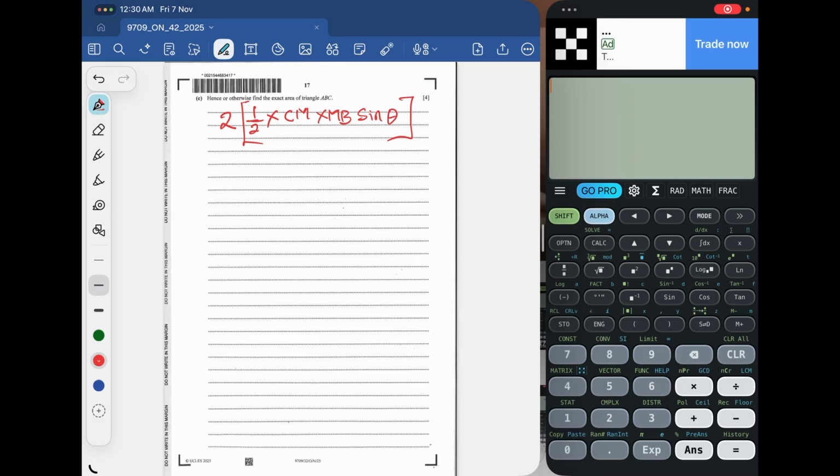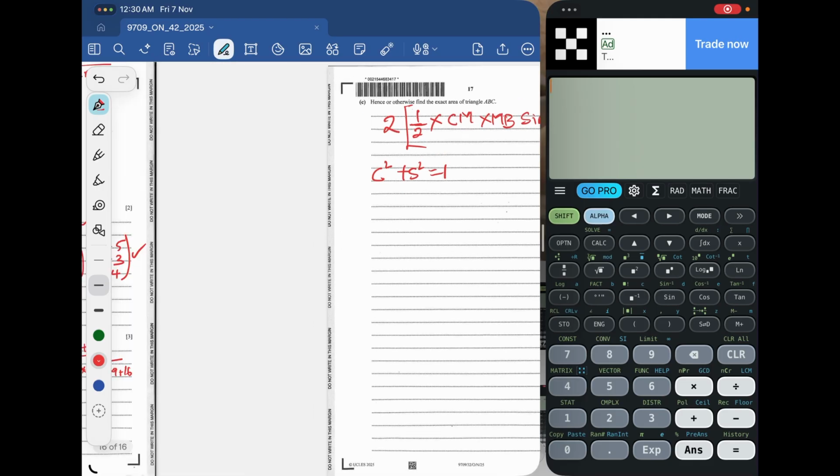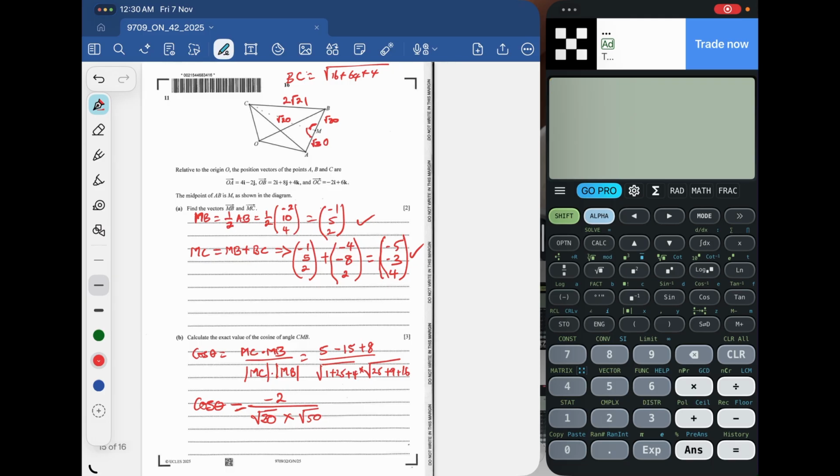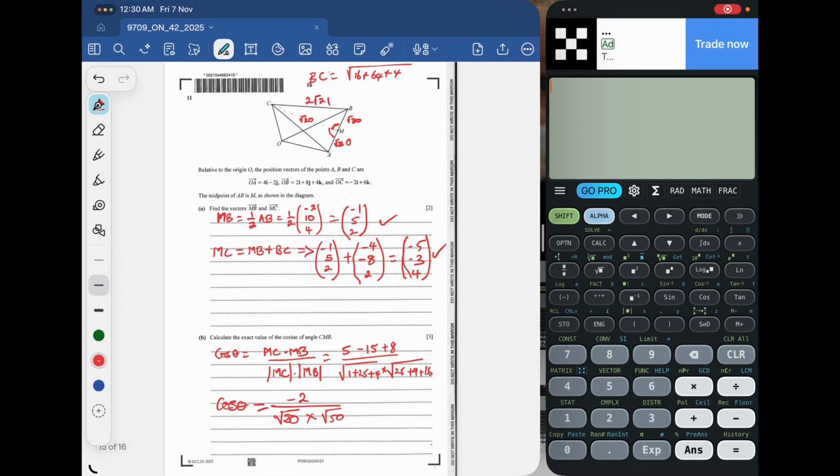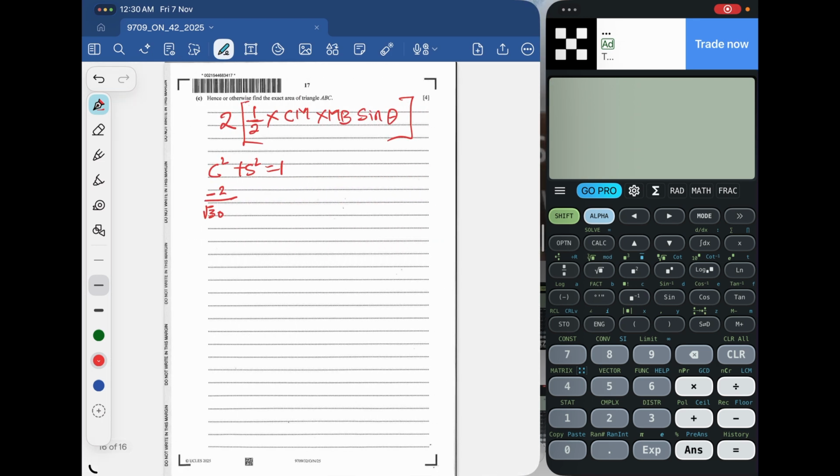So how do we find the exact value of sine theta? We know cos squared theta plus sine squared theta is 1. This is the most tricky part of this question. So minus 2 over square root of 30 times square root of 50, squared, plus s squared is equal to 1.